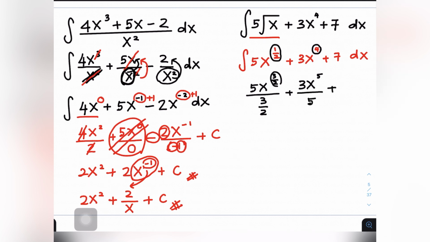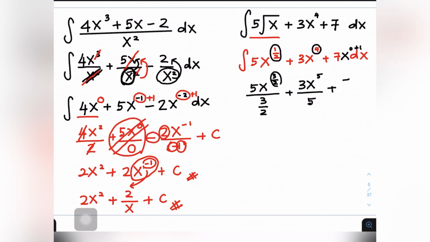Plus, okay, how can you do this one? You cannot see any x. Remember, I told you if you have a constant, actually at the back of every constant you have x, but the power of x is equal to 0. That's why you cannot see, because x to the power of 0 is equal to 1. So when you have a constant, you still do the same process, where you imagine that you have x to the power of 0 behind every constant, and you do the same process, which is the power you plus with 1.